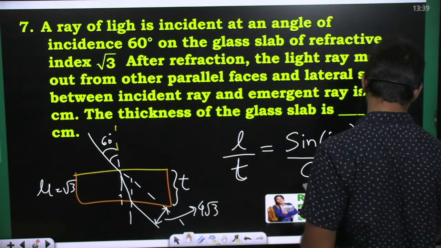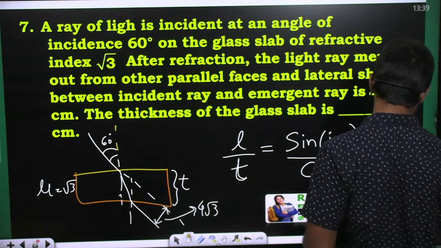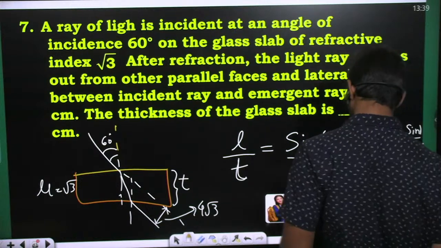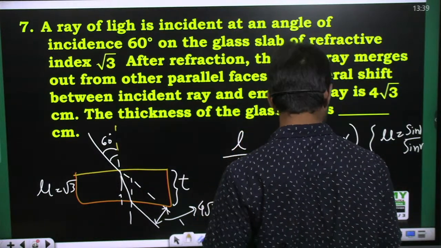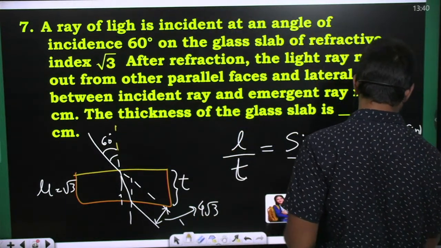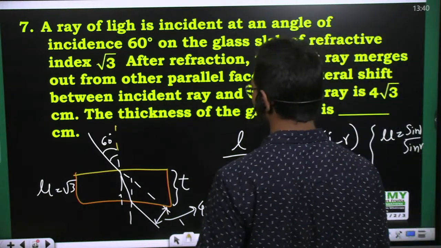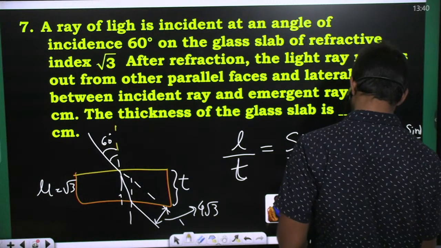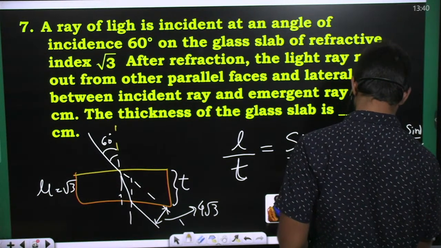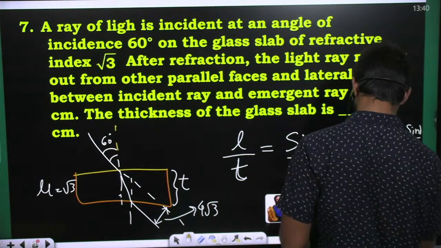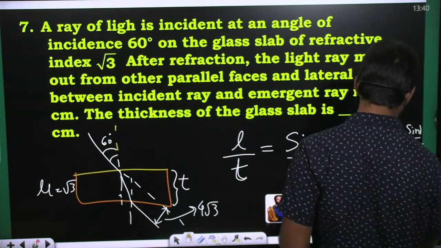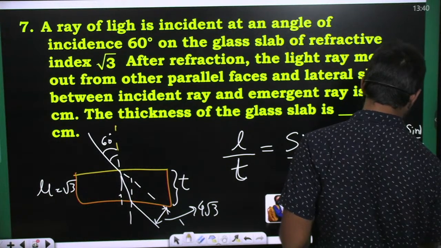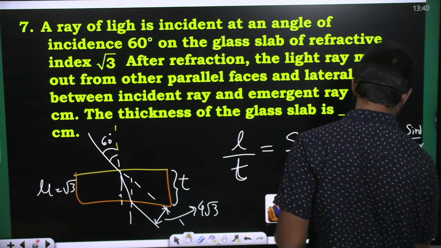Mu is equal to sin I by sin R, where R is the angle of refraction and I is the angle of incidence. Mu is √3, sin 60 is √3 by 2, so sin R gives R equal to 30 degrees.